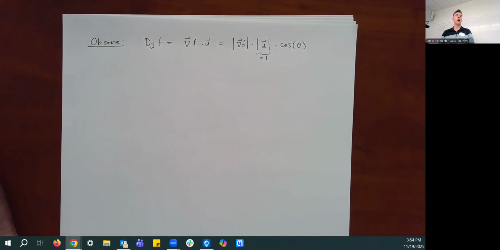So when you're calculating a directional derivative, if the direction vector you're given is not a unit vector, your first job is to unitize or normalize it.